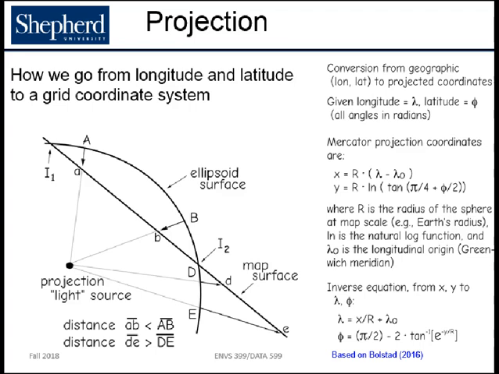A projection converts between geographic latitude and longitude and projected x and y coordinates. The slide shows one simple projection method between geographic, in other words datum, and Mercator, in other words map, coordinates.